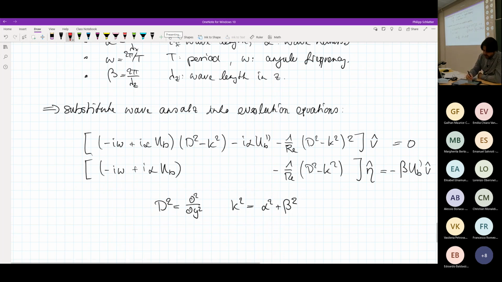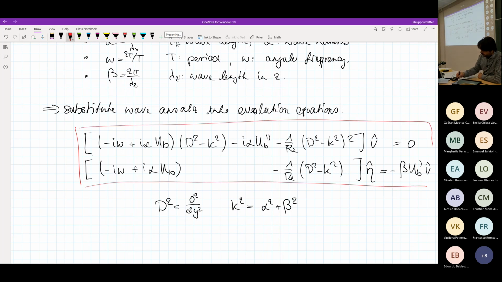And these two actually are very important equations because these were exactly the ones that were derived for the first time, in 1910 by two people independently, by Orr and Sommerfeld. So these are what we call the Orr-Sommerfeld equations.